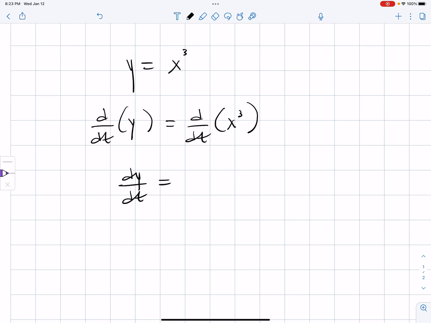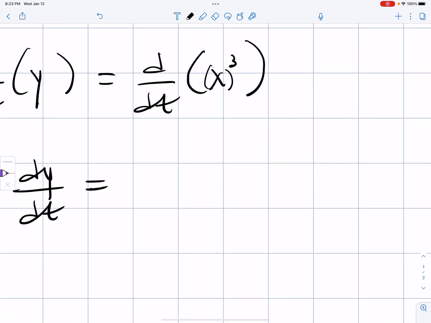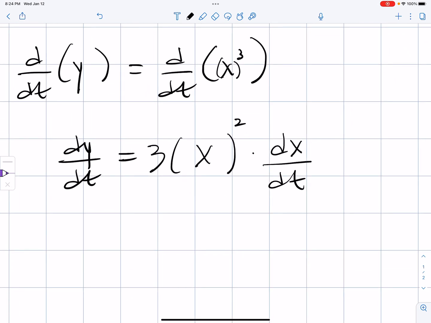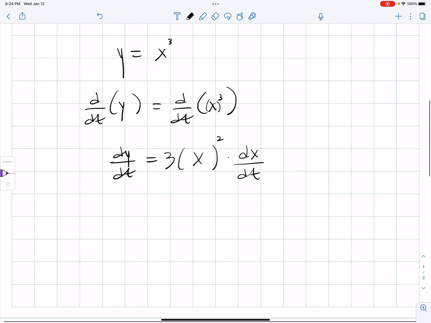And then on the right-hand side, again, thinking of the exponent of 3 as the outside function, the x as the inside, we bring the 3 down and subtract 1 from the exponent to differentiate the outside. We leave the inside alone, and then the derivative of the inside x with respect to t is dx over dt. So dy over dt equals 3x squared times dx over dt.